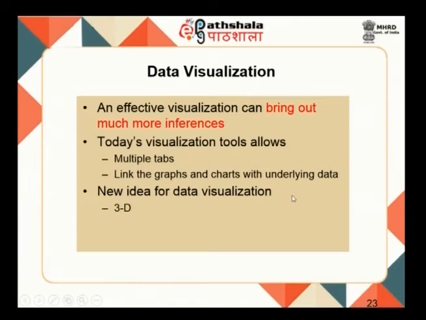In recent days, even 3D visualization is provided for data analytics environments. So, all that we need to do is choose a proper visualization tool for projecting the results, and thereby we can provide as much inference as possible to the users.